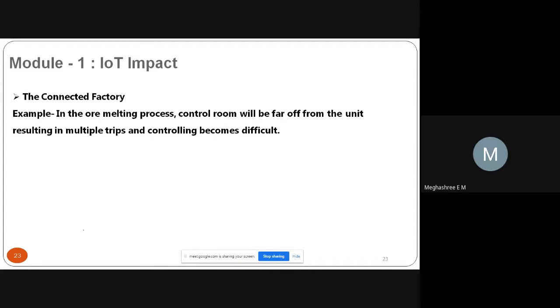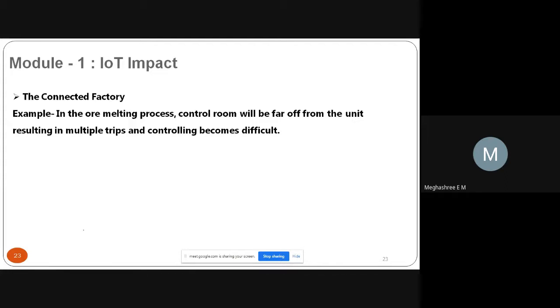It is somewhere far away from the factory, so it will be difficult. See, this melting process is not done manually, it is done by a machine. To operate that machine, you need to be in the control room. So going to the control room and monitoring the machine will be more difficult, right?